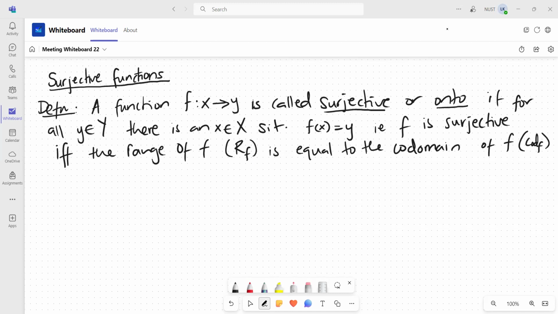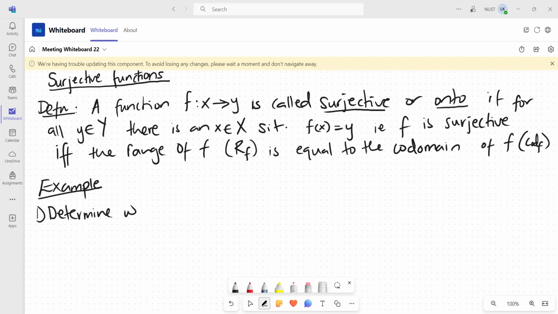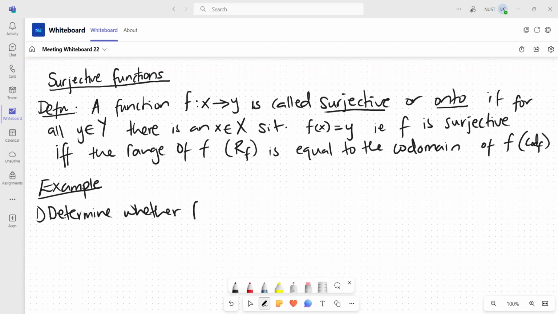So if you're given a function, for example, here we have this function 1, determine whether this function, which is from a set of real numbers to the set of real numbers, such that f of x is equal to x squared plus 3, is surjective.